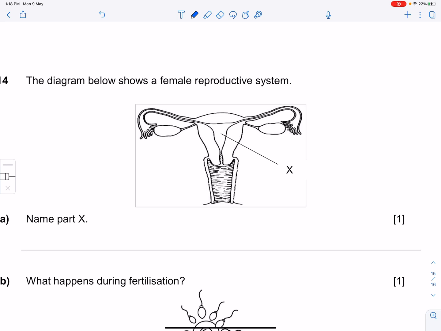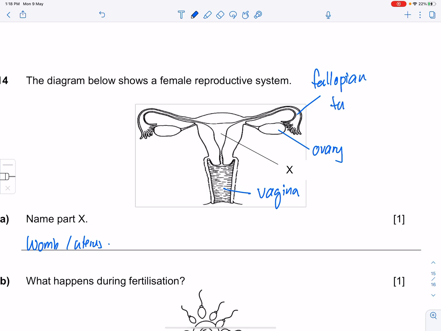So part X over here will be your womb or your uterus. I'm just quickly going to label everything for you. This is your ovary. This is your vagina. This is your fallopian tube. Did I miss out any part? No, I don't think so.